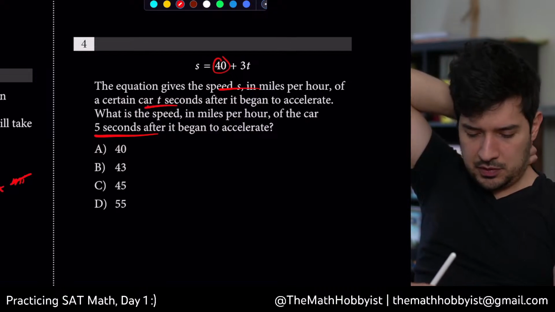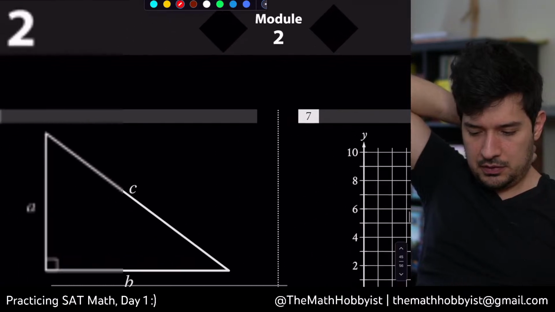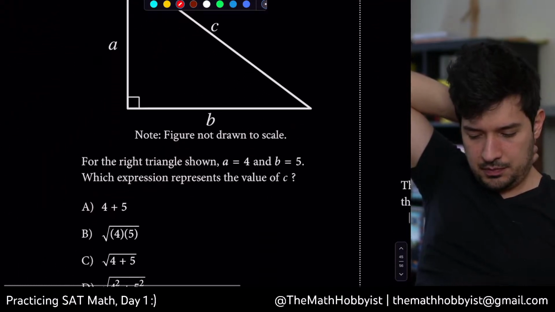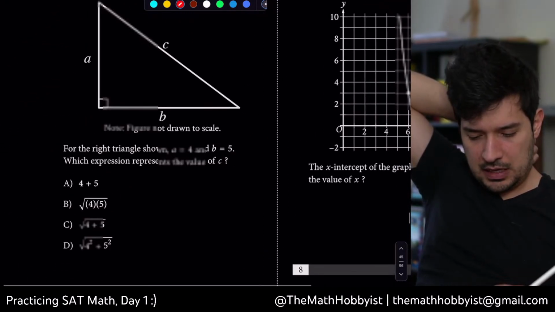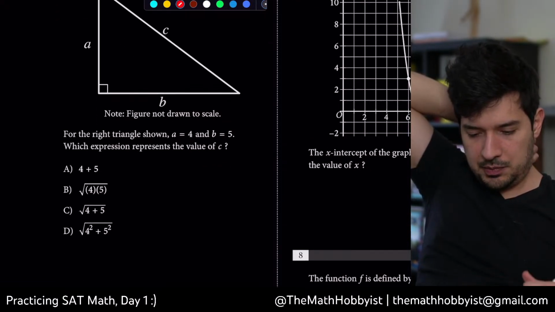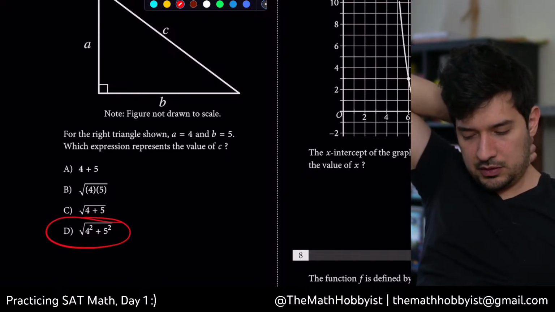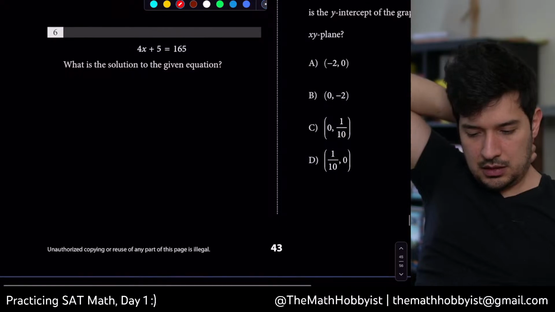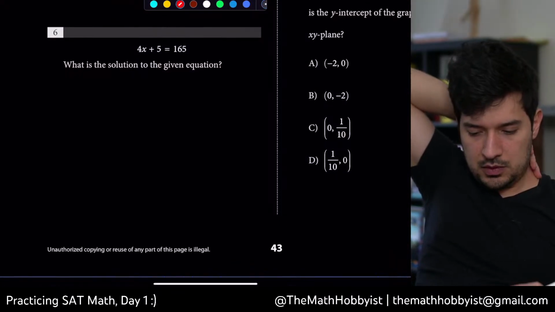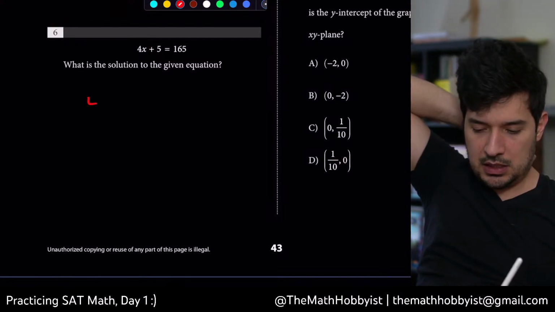So 5 times 3 is 15. We're looking at 55. A is 4, B is 5. What is C? Well, A squared plus B squared equals C squared. 4 squared plus 5 squared, it's D. Solution to this equation, 4x equals 160, x equals 40.